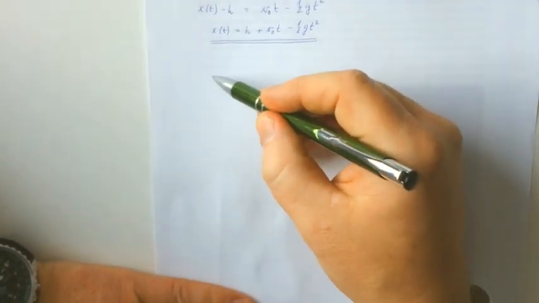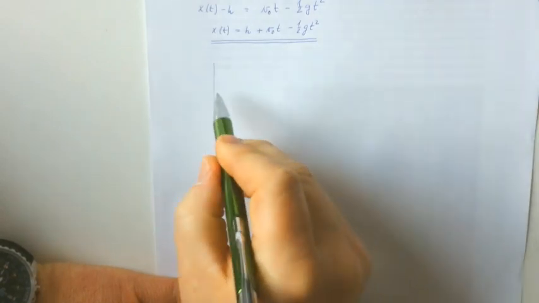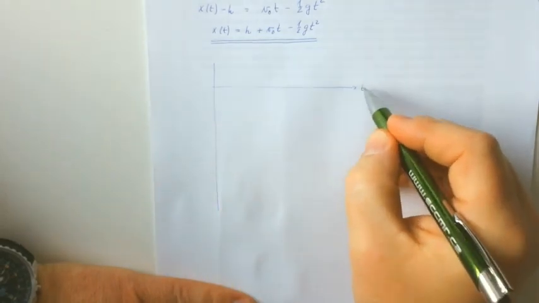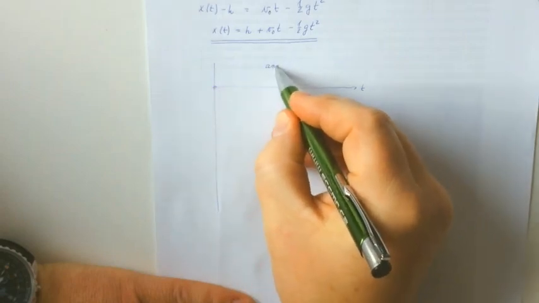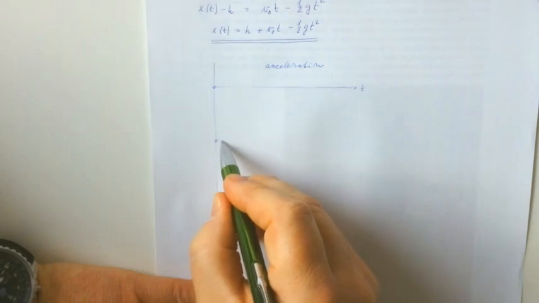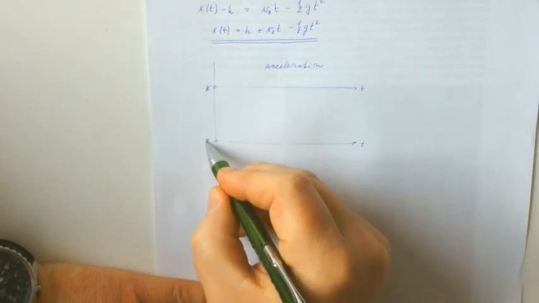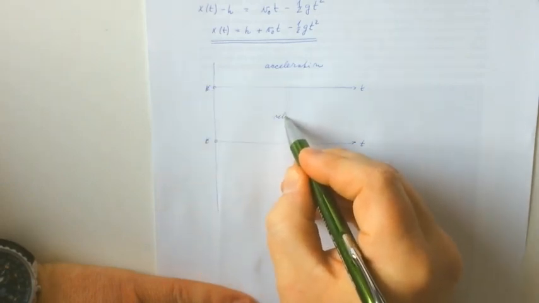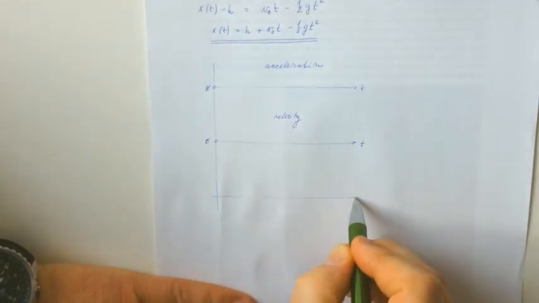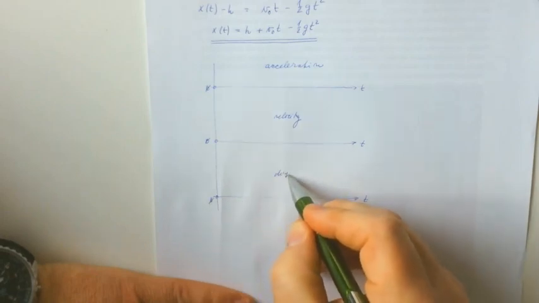Now we can draw graphs of these functions. So first we can draw a graph of acceleration, second we can draw a graph of velocity, and finally we can draw a graph of displacement.